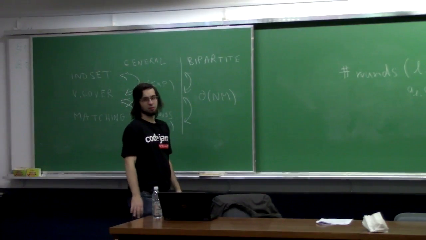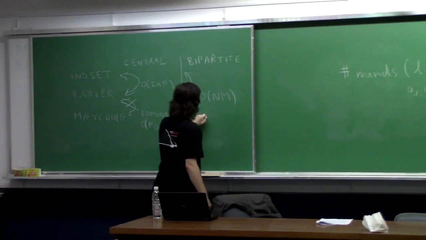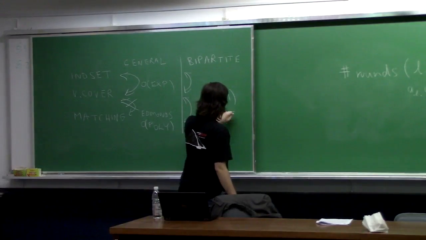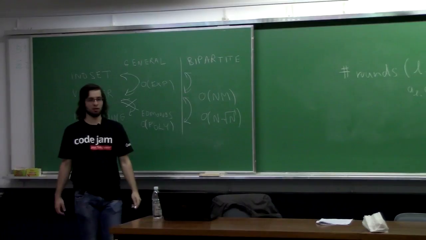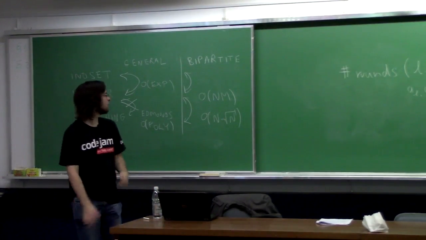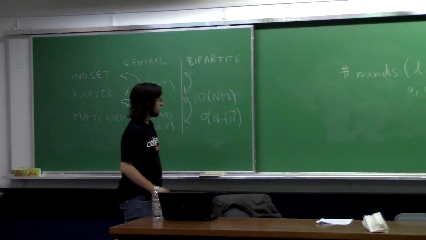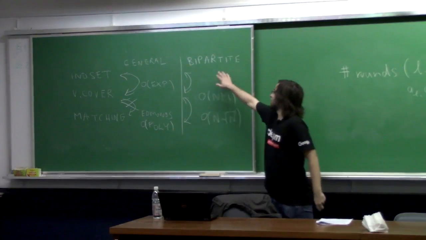And there are some fast algorithms that are much more complicated, and the running time in this case would be something like n square root of n. But I'm not going to explain this, just this. And find out why the graph is bipartite.